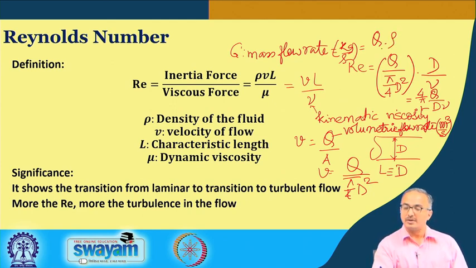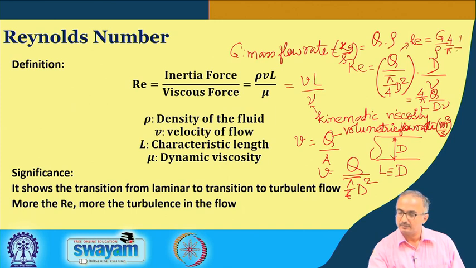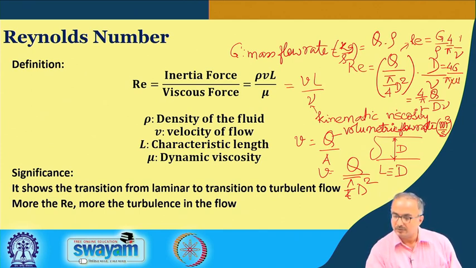So, you can put, instead of Q, the mass flow rate, and you will get the same Reynolds number. Now, it will be Re equal to G by rho into 4 by pi by d nu. And because nu equal to mu by rho, you can see it can be written as 4 G by pi into mu into d.